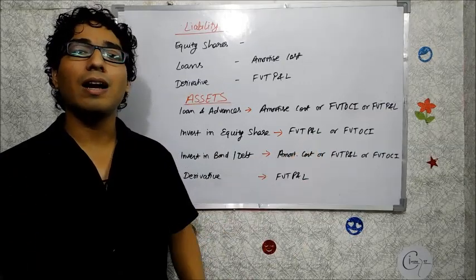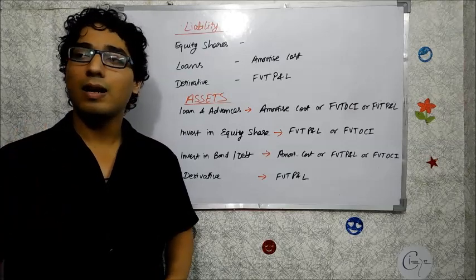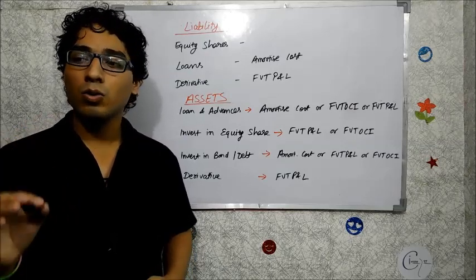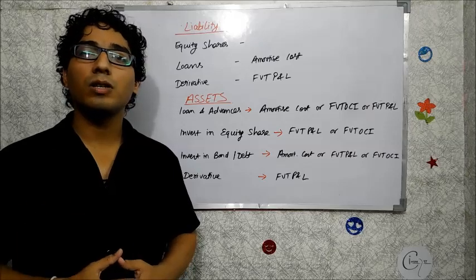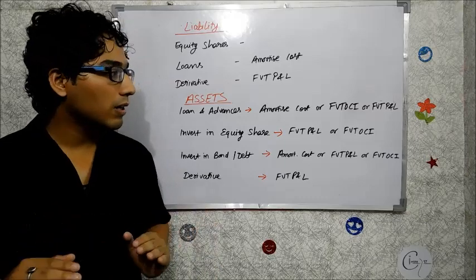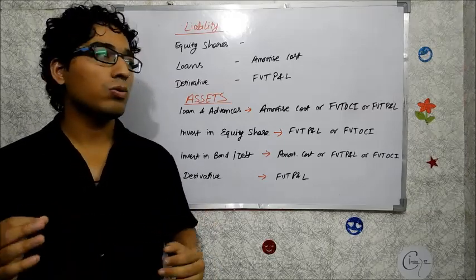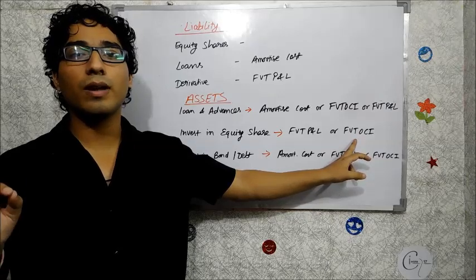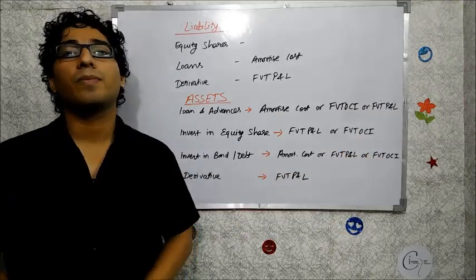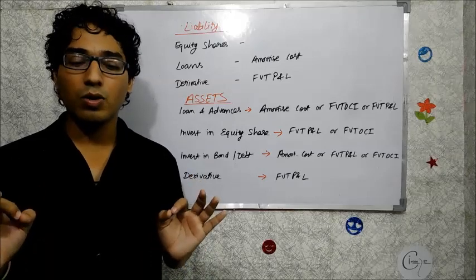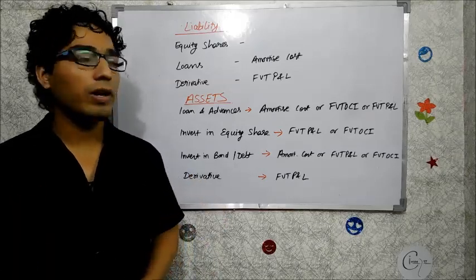But if it is not held for trading and you make an irrevocable election at initial recognition to present the changes in fair value through other comprehensive income, then categorize it into fair value through other comprehensive income.